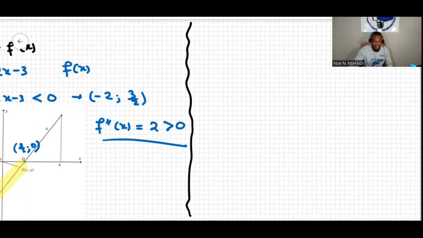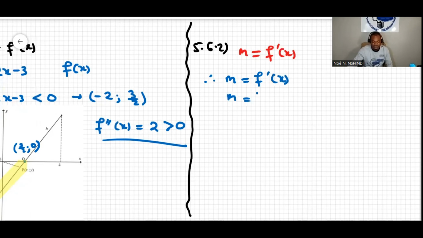We don't have the graph of f, but we have the derivative of f, which is h. We do know that the gradient of the tangent is equal to the derivative of the function. So therefore, m will be equal to the derivative of f of x, which is h of x.